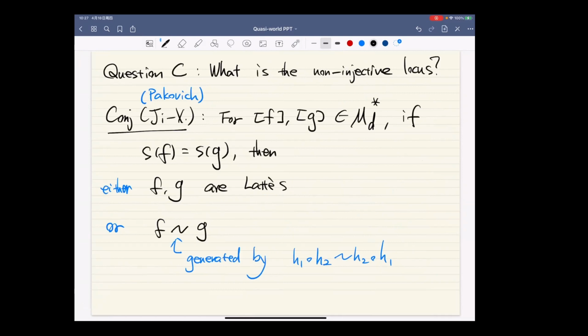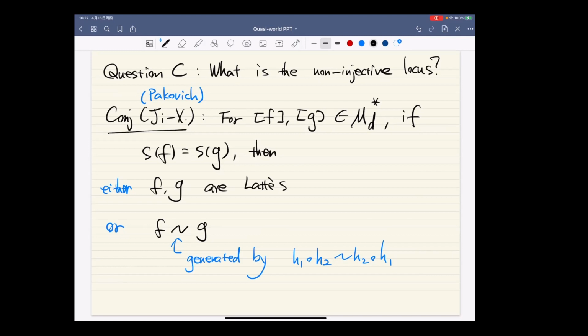Okay. Another question is question C. Here we only show that tau is generically injective. So the non-injective locus should be some algebraic subvariety of the moduli space. So we want to know what the non-injective locus is. Here our conjecture is the following.